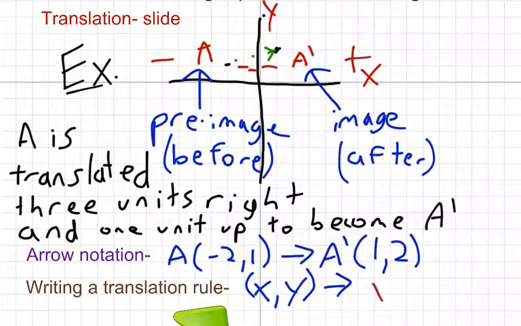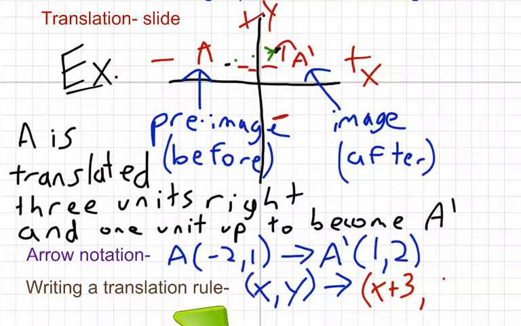So I would say x plus 3, comma. And then what's my y doing? Well, it's just going up 1. Well, up 1 is in the positive direction. My positive y's are up, my negative y's are down. So I would say y plus 1. And that's what writing it as a rule looks like.